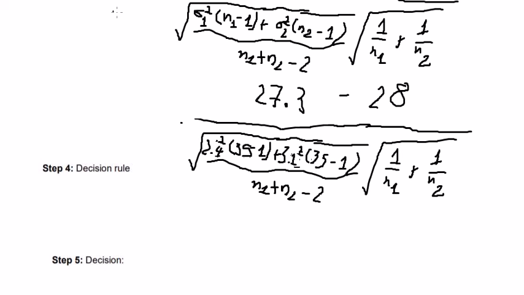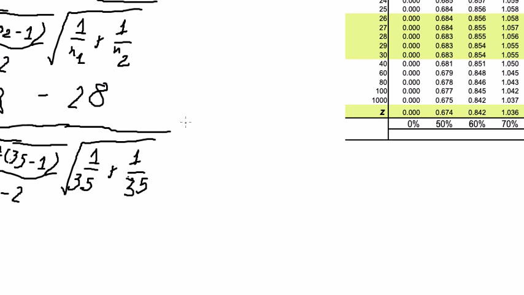Now we put n1 and n2, this is about 35. You will get about negative 1.056.